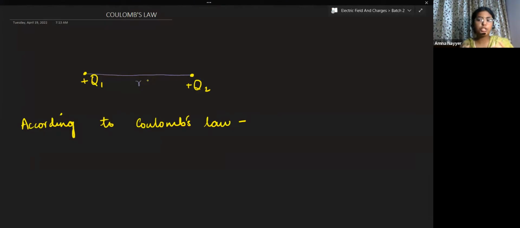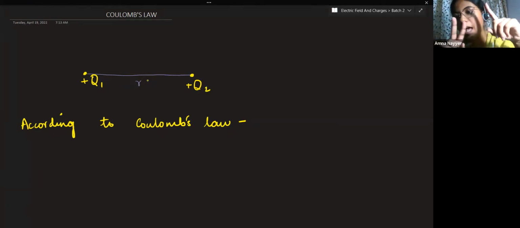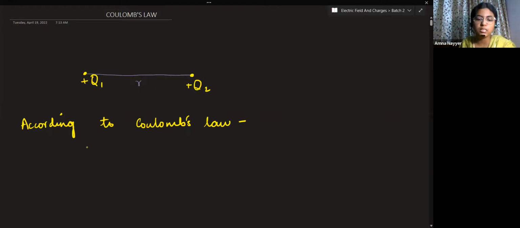See, force comes due to interaction, and because of force, we get potential energy. So, not focusing on potential energy, just focusing on force only. If you have two charges with you, and these two charges are separated by some amount, this was small r, then the electrostatic force of attraction or repulsion present between these two charges.